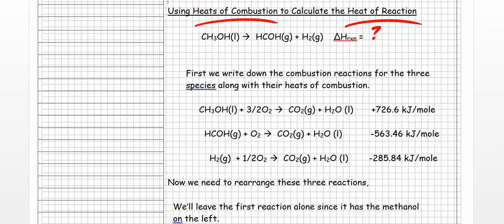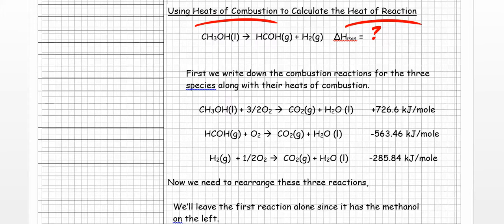That's the methanol. Now let's do the H2COH. H2COH, its combustion in the presence of oxygen, 1 mole of it in the presence of oxygen, yields CO2 and water, as in all combustions. Its delta H is a negative 563.46 kilojoules per mole. And finally, hydrogen. Hydrogen can be burned as well.